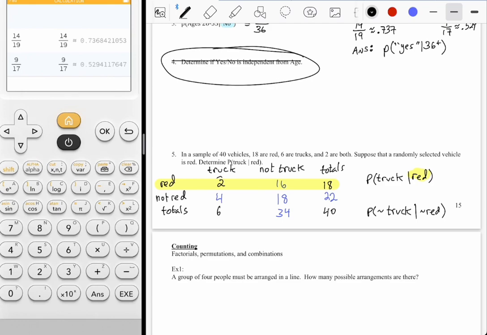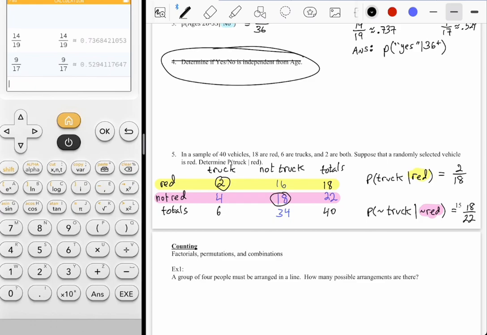All right, 2 of the vehicles in the red category are trucks, so 2 out of 18. Then for the set of not red vehicles, from that set, we're looking for vehicles that are not trucks. So 18 of those 22 vehicles are not trucks.